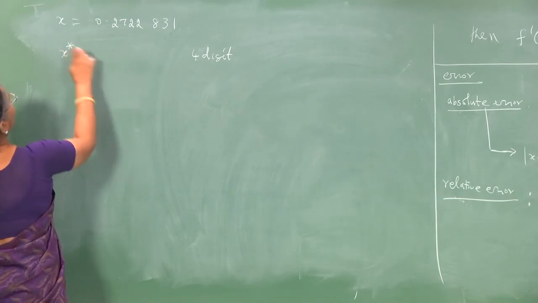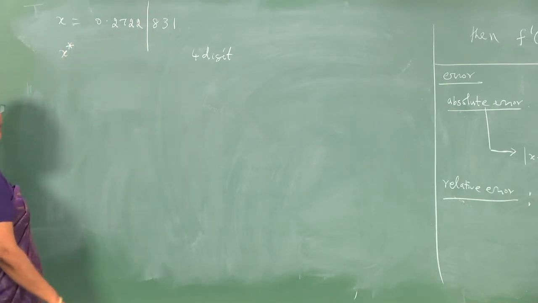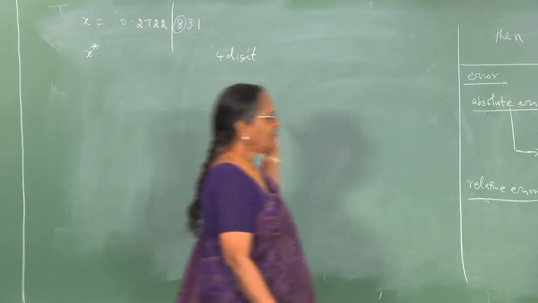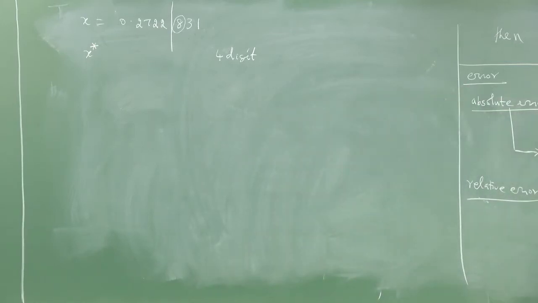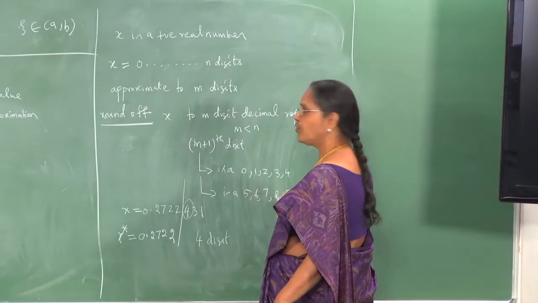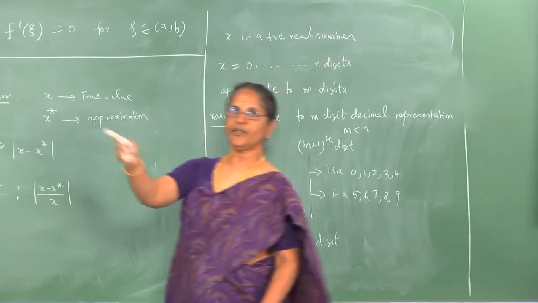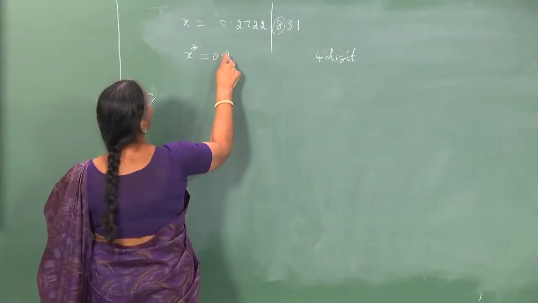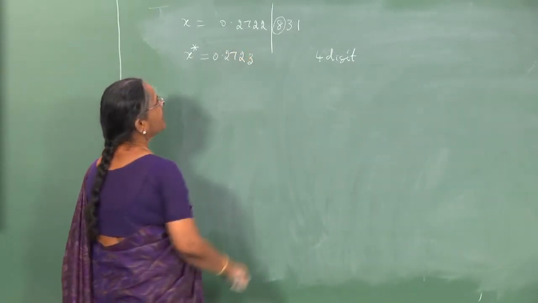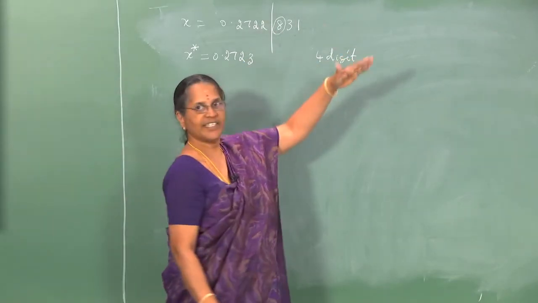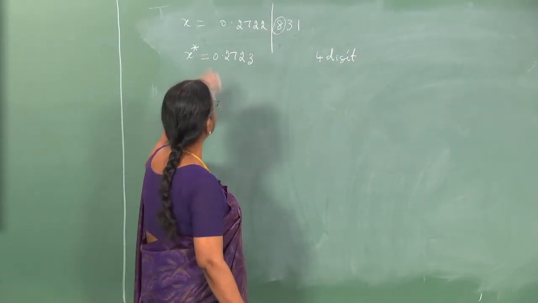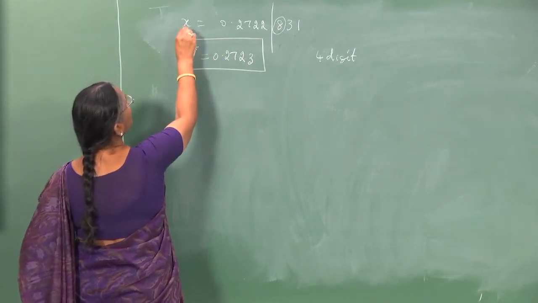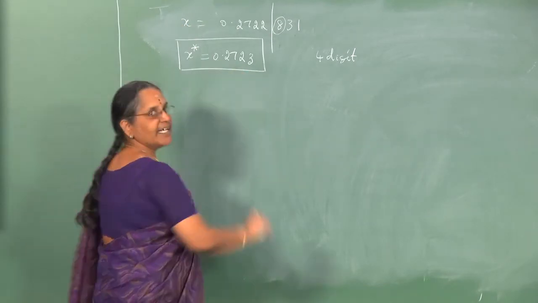So, I again look at the first 4 digits and see what the fifth digit is, and the fifth digit is 8, and therefore, the rule is I add 1 unit to the 4th digit, so that I get 2723, and then discard the rest of the digits from x. So, this x star is obtained after rounding x to 4 decimal digit representation.